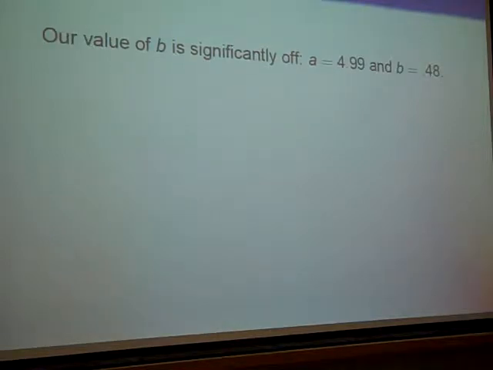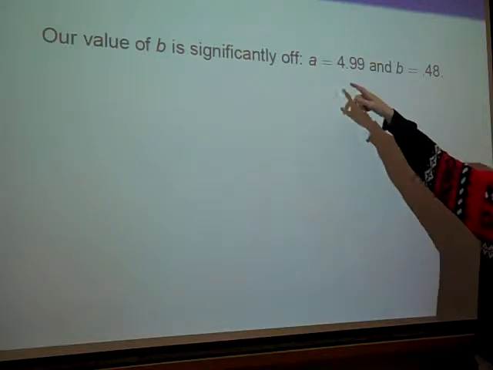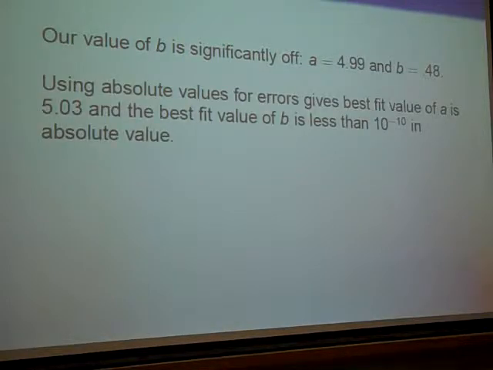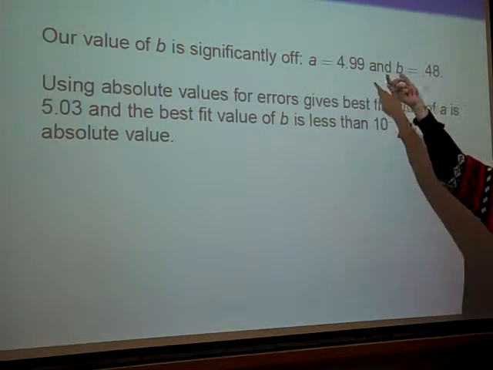If you look at the values we got using the method of least squares, and I'll show you how you compute these in a moment, the best value of A is about 4.99 and B is about 0.48. If instead we use absolute values, we get 5.03 for the slope and something less than 10 to the negative 10 for the intercept. So the method of absolute values does a much better job of capturing the true behavior of both parameters. In an advanced stats course, you'll talk about error bars on these values.